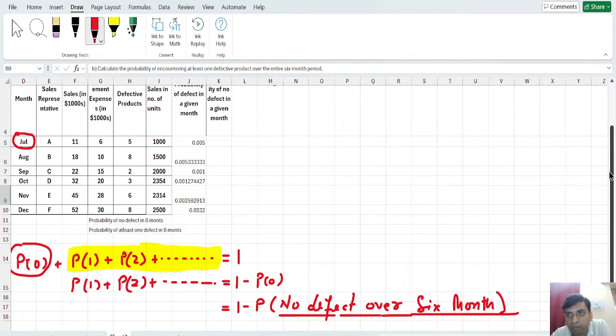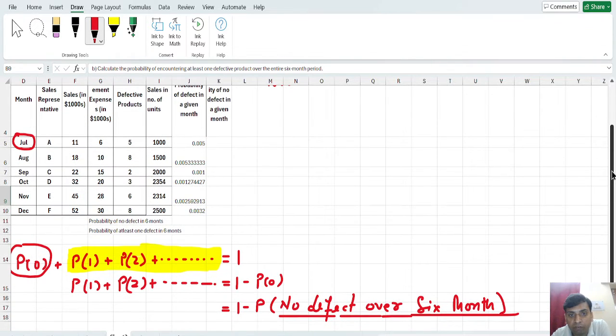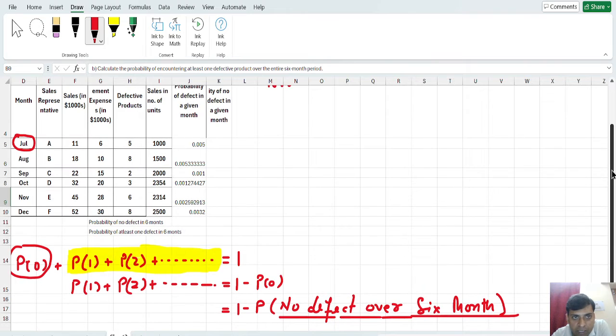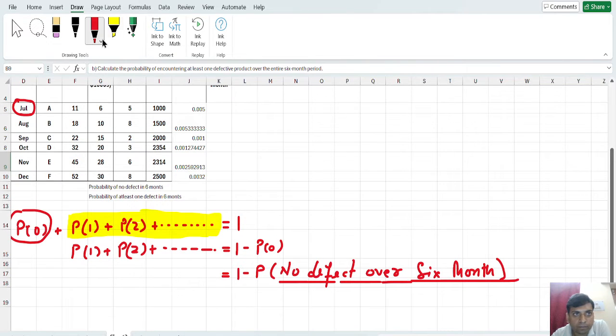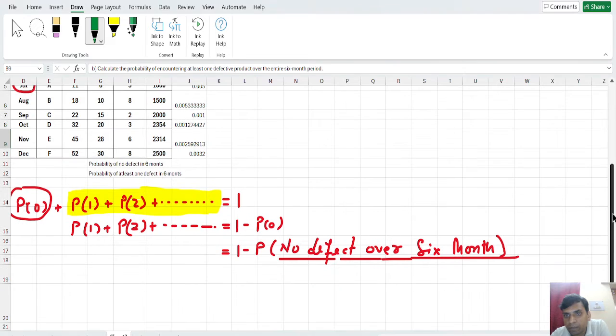Now we will first find the probability of defect in different months, in July, in August, and so on. Then we will find the probability of no defect over the 6 months.